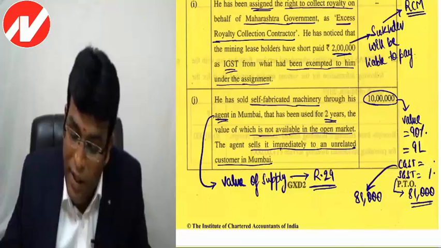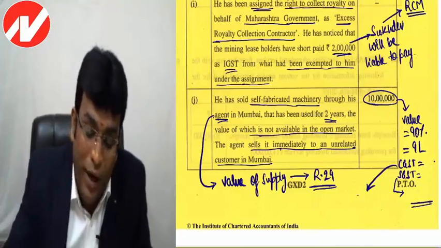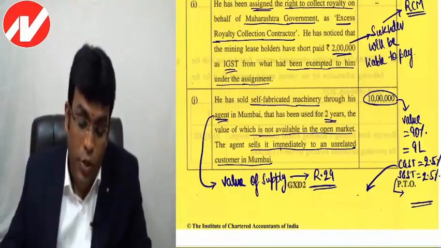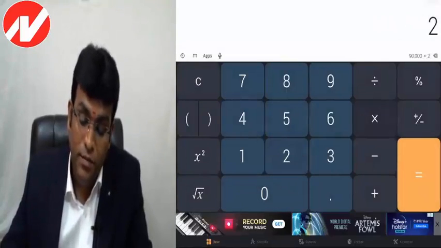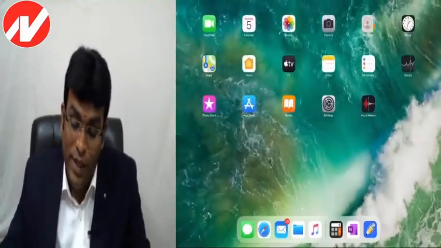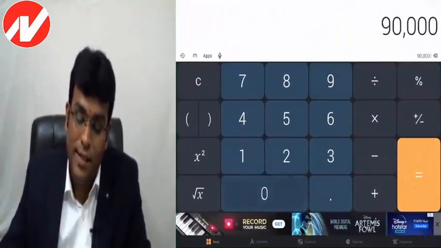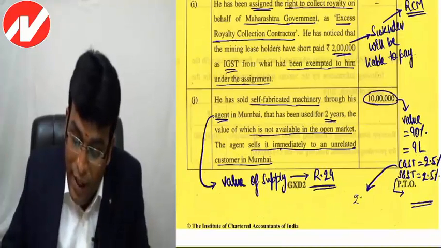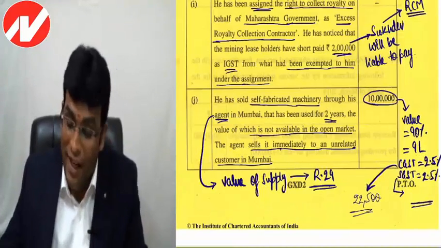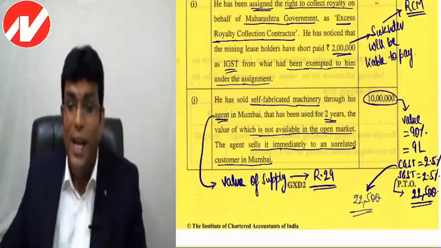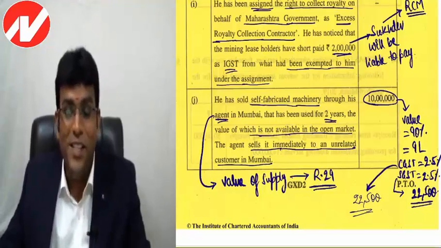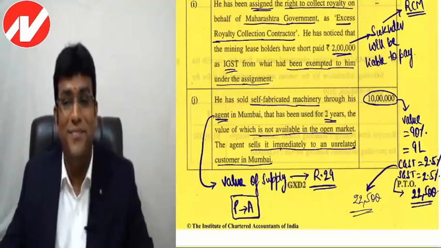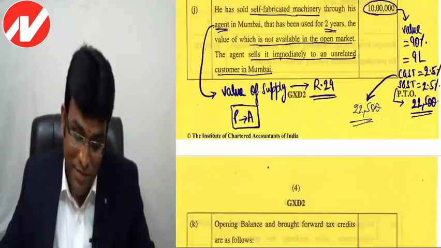The reason being it is a machine, so they told it is 2.5%. 9 lakhs into 2.5% comes to 22,500. So 22,500 is the CGST component, and in the same lines, 22,500 is the SGST component. This is basically the value of supply when goods are sent from principal to agent. Are we clear with this? Very good. Next point.